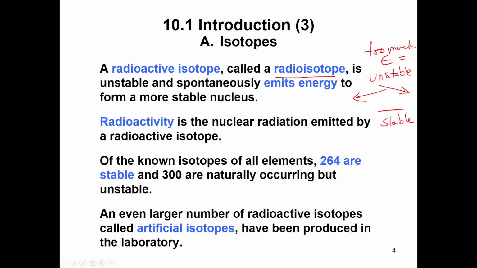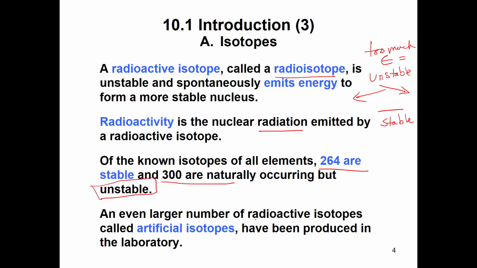And so radioactivity is the nuclear radiation that's being emitted by a radioactive isotope. And of the known isotopes of all the elements, 264 are stable, 300 occur naturally but are unstable, that is, they're going to go through this radioactive decay.